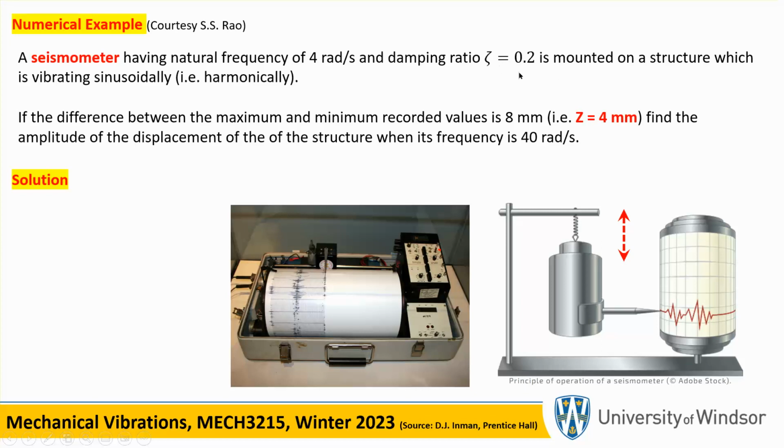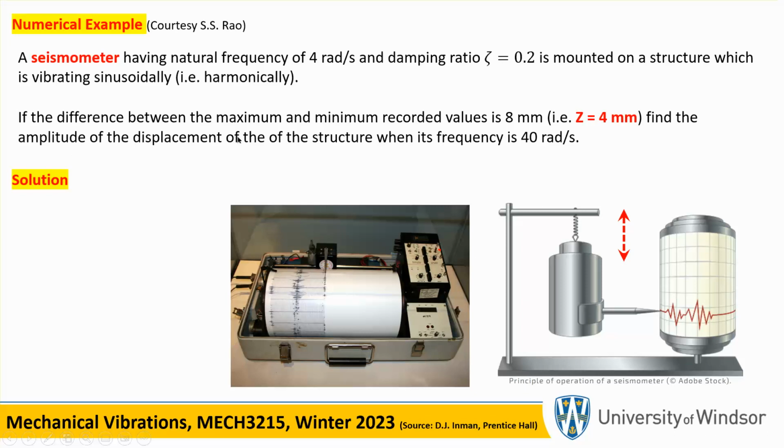Now, it's mounted on a structure that is vibrating sinusoidally, harmonically up and down. If the difference between the maximum and minimum recorded value is 8 millimeters, by the way, this is double the amplitude. Okay, peak to peak is 8, so the amplitude is half of that, 4.